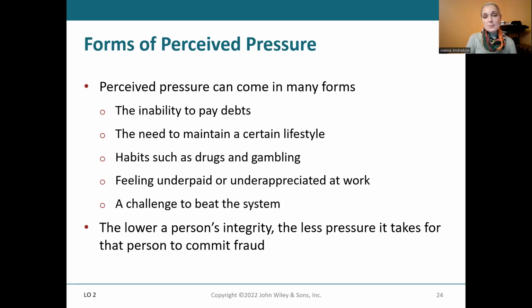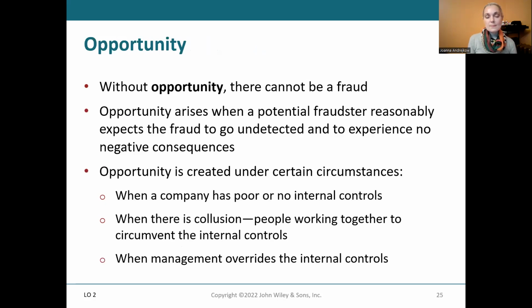So perceived pressure can come in many forms. For example, the inability to pay debt, the need to maintain a certain lifestyle, keeping up with the Joneses effect, habits such as drugs or gambling, feeling underpaid or underappreciated at work, or a challenge to beat the system. The lower a person's integrity, the less pressure it takes for that person to commit fraud.